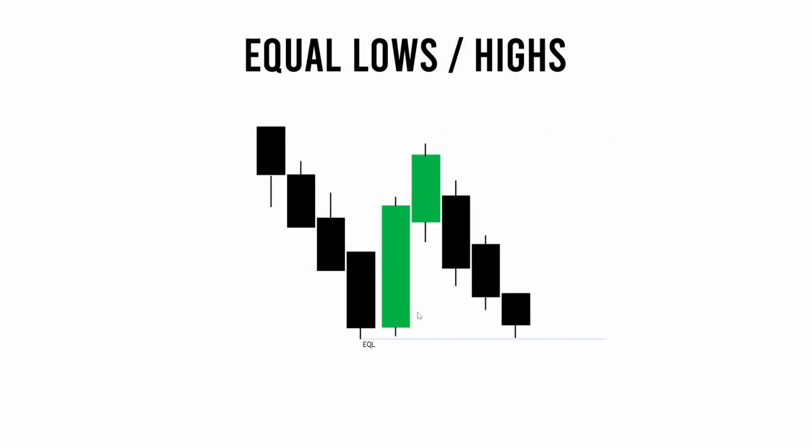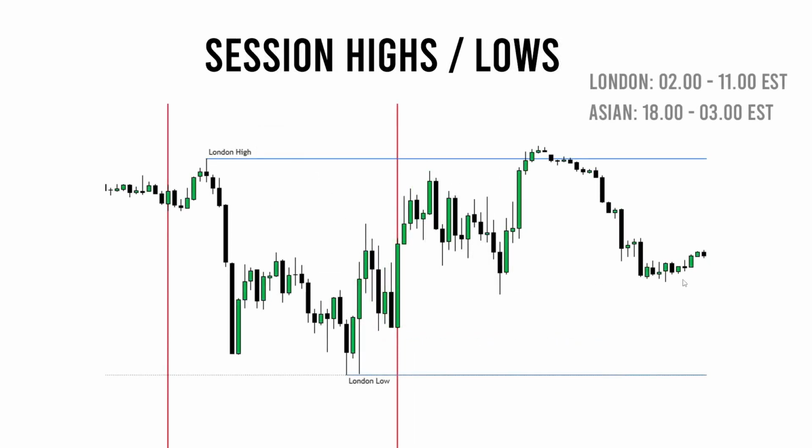So equal highs and lows are always very valid points of liquidity, and the higher the time frame, the better, because the higher the time frame, the more time people have had to put their stops below or above the higher low, right? Then we have session highs and lows, and that is very simple, even though it may sound confusing to new people.